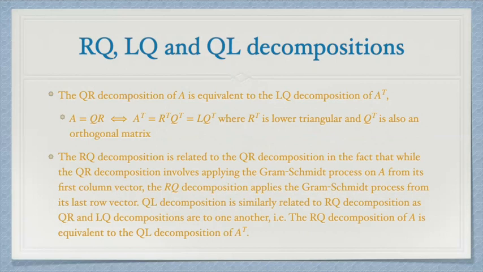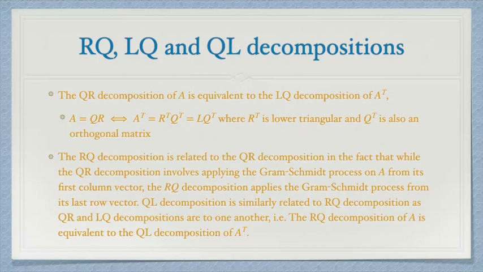Here R transpose is a lower triangular matrix, which we can call L, and the obtained orthogonal matrix Q is simply the transpose of the original orthogonal matrix obtained for A. Thus, we can use this concept to apply the LQ decomposition of any matrix A by calculating the QR decomposition of its transpose, since the definition extends both ways. Right.